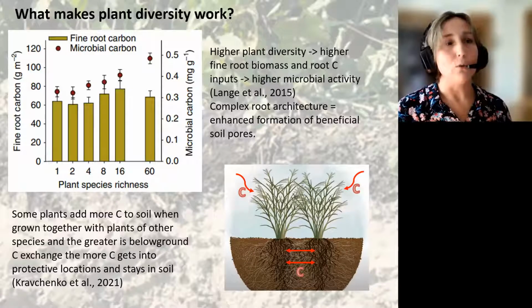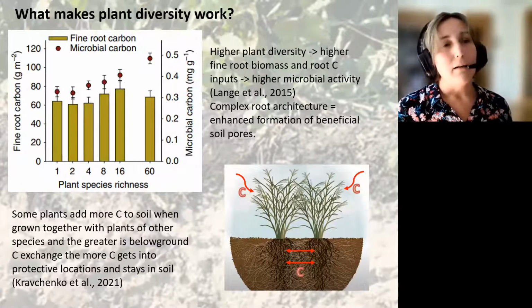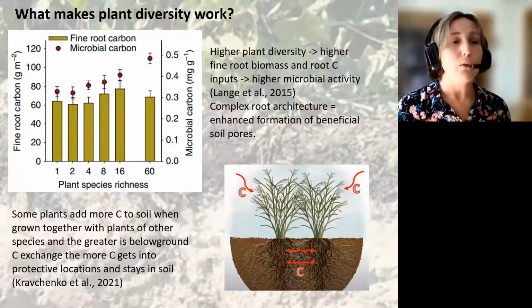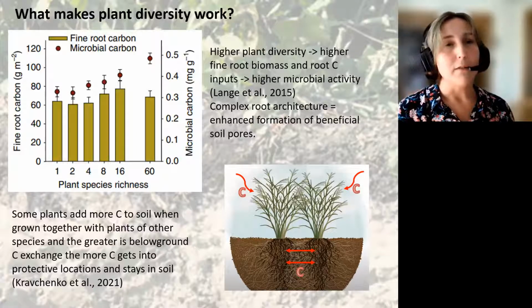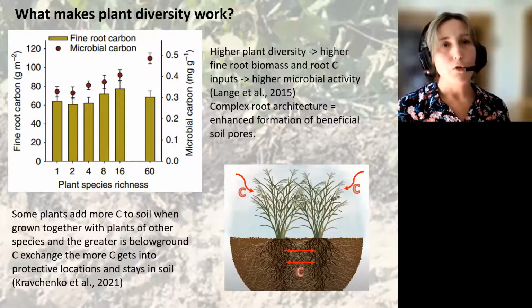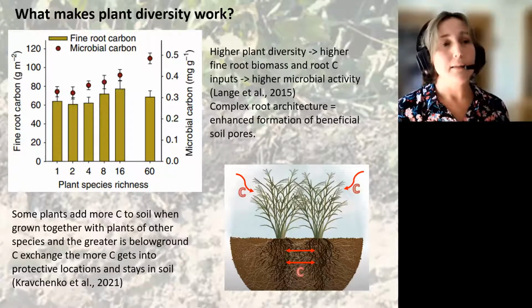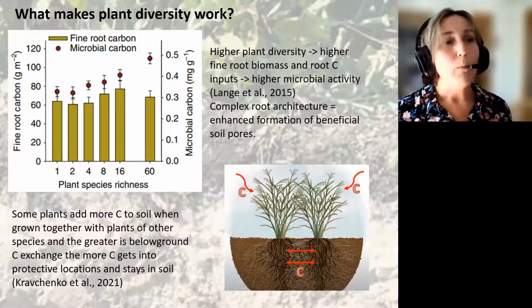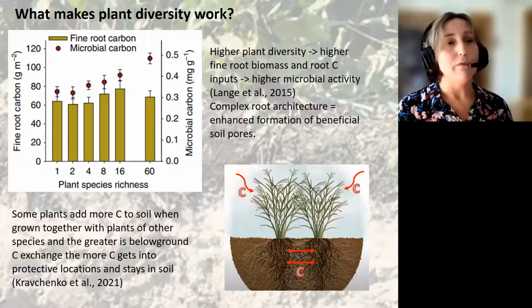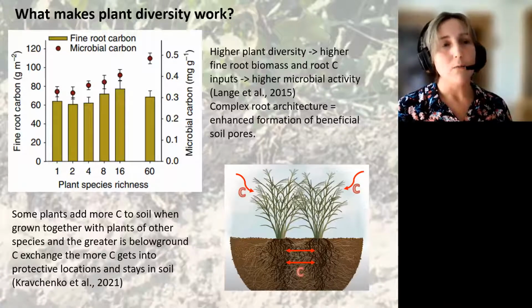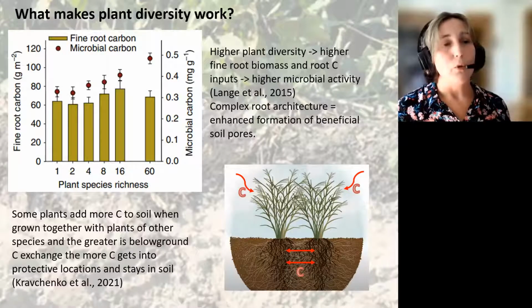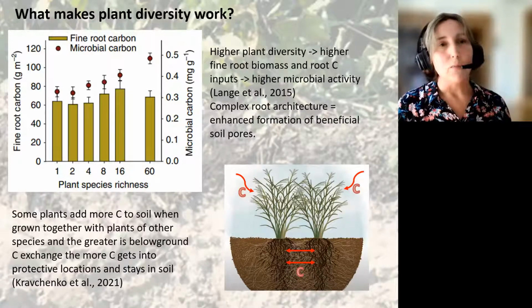One thing that we've been observing lately as another mechanism through which higher plant diversity might lead to an increase in soil carbon is that, as you probably heard, plants exchange carbon below ground through their roots or through the mycorrhizal fungi that they share. What we're observing is that this exchange is more common and more often happens on larger scales between different plant species, so not in monocultures but in diverse plant communities.